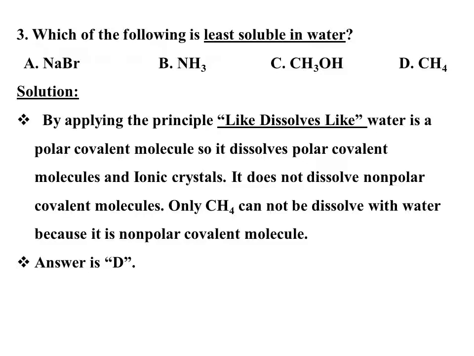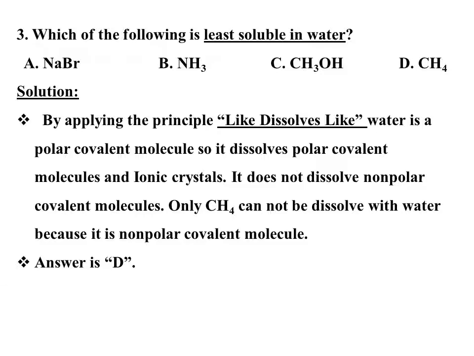According to this principle, sodium bromide is an ionic compound, therefore it dissolves in polar solvents. NH3 is a polar covalent molecule and it can form hydrogen bonding with water, therefore it is soluble in water. CH3OH is, to some extent, a polar covalent molecule, therefore it is also miscible with water.